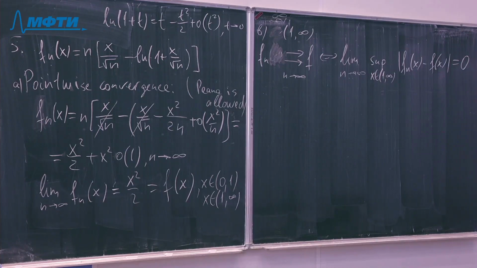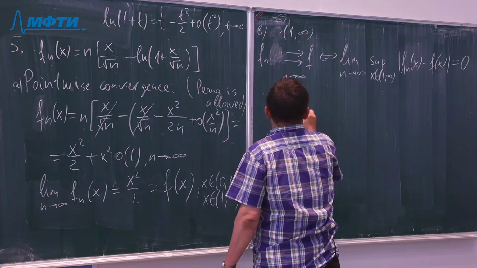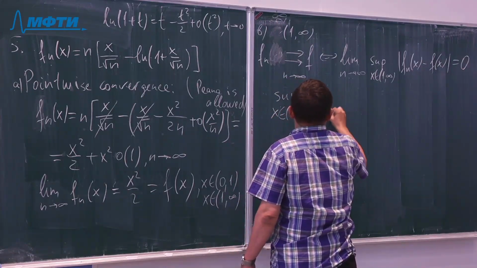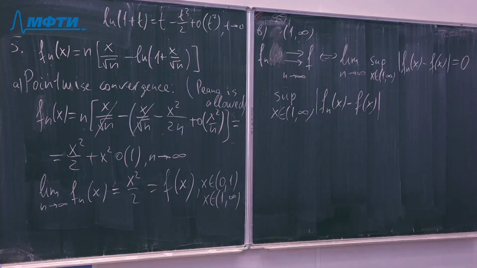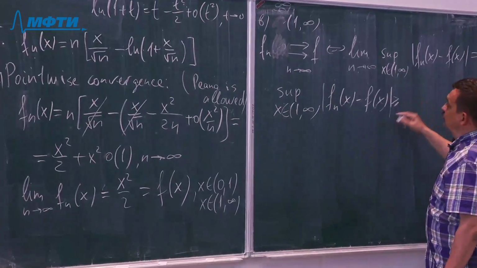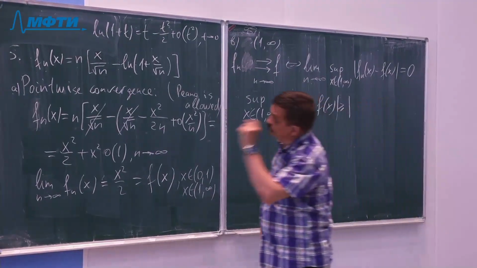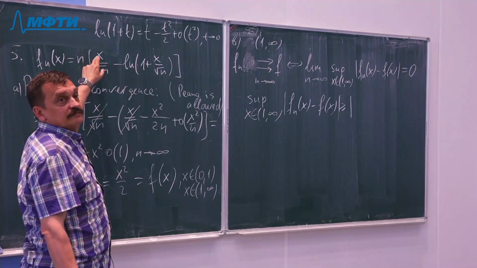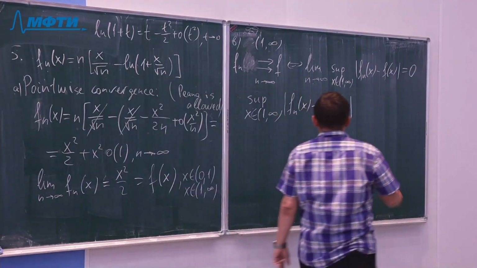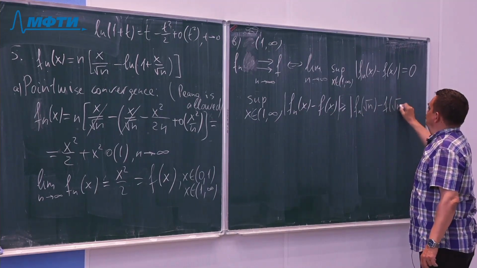Now, the supremum for x in 1 to infinity of |f_n of x minus f of x| is greater or equal than a particular value. Which value to choose? Obviously, square root of n is very suitable, x equals square root of n. So |f_n of square root of n minus f of square root of n|.